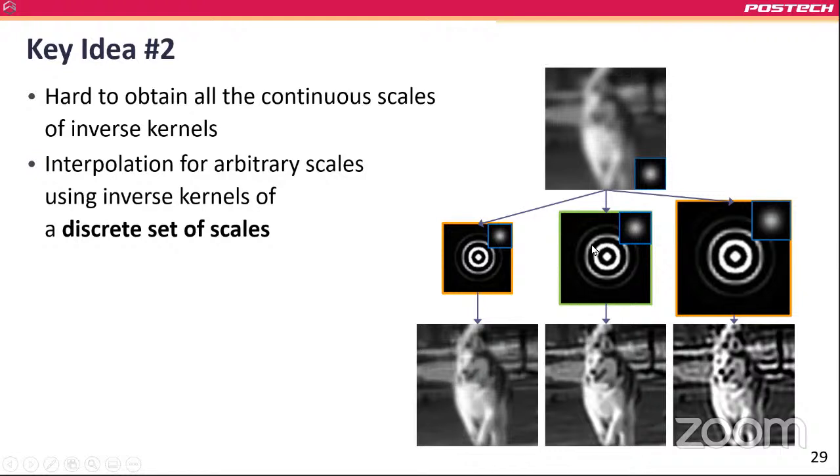But we approximate this scale by interpolating between this small scale and large scale. Here, this example shows the result of applying this inverse corner to this one, and we obtain this one. Then by applying this inverse corner to here, we obtain this one. By interpolating these two images, we can obtain the result of applying this inverse corner to this one.